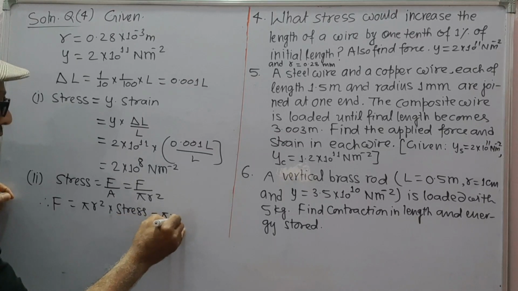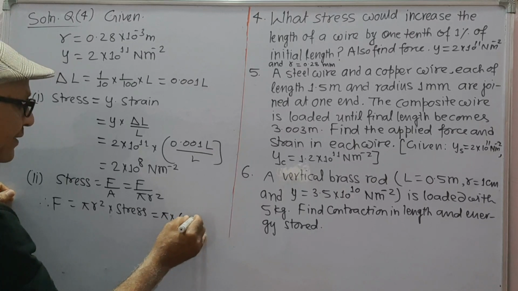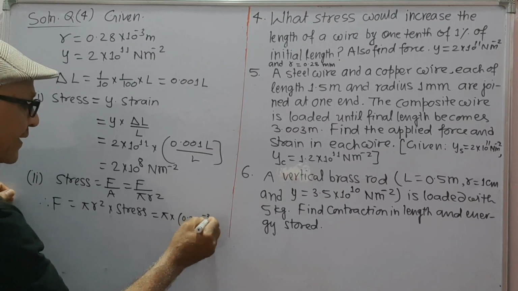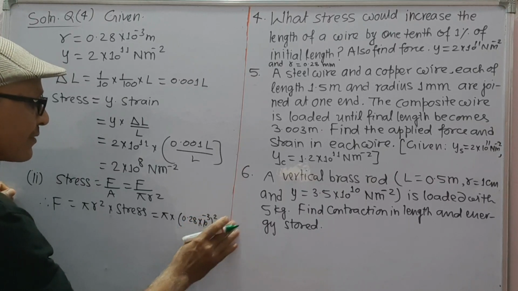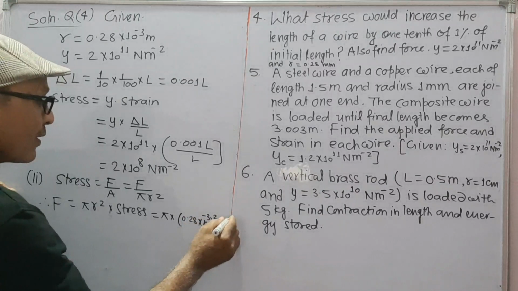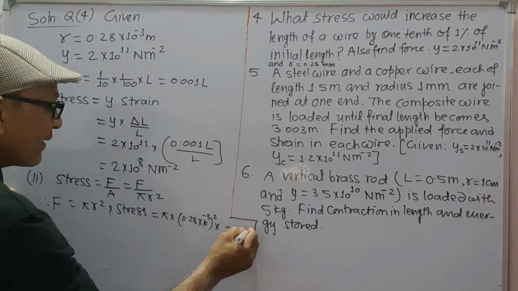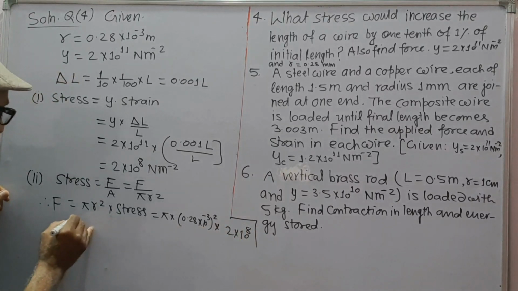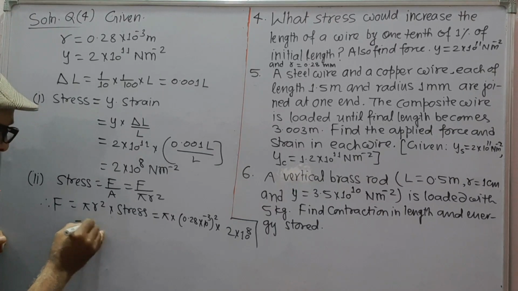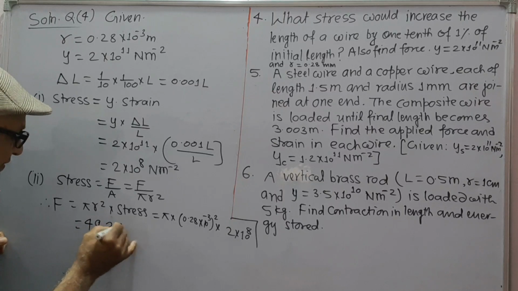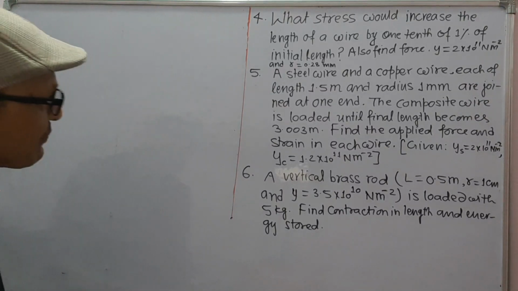Pi into 0.28 into 10 to minus 3 whole square into stress, which is 2 into 10 to the power 8, gives 49.26 Newton. Next, question number 5.